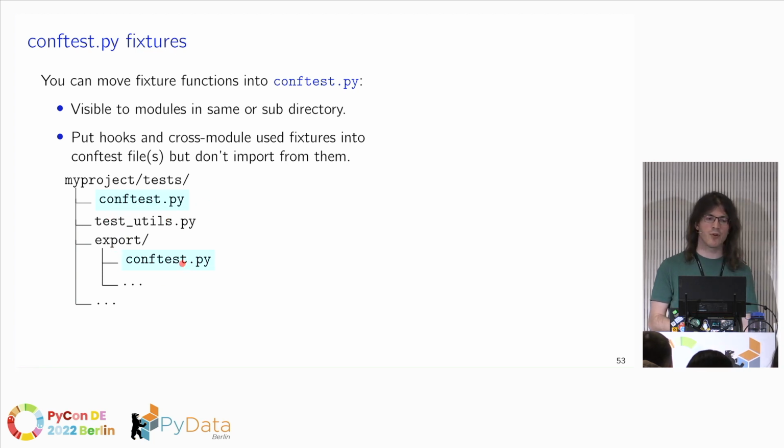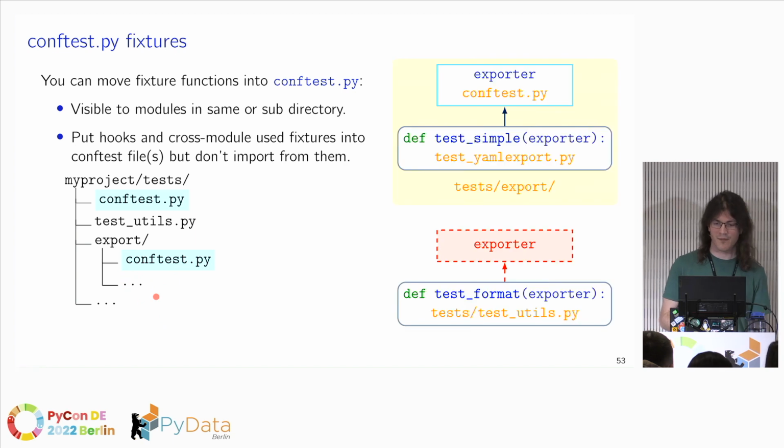And if we had the export subfolder and maybe had some fixtures we need just for export tests, then we could also put a conftest.py in there. And again, the fixtures here would be visible for test files in this export folder.